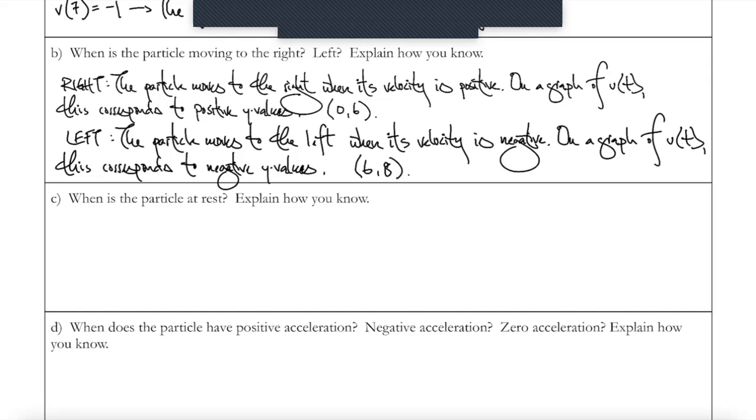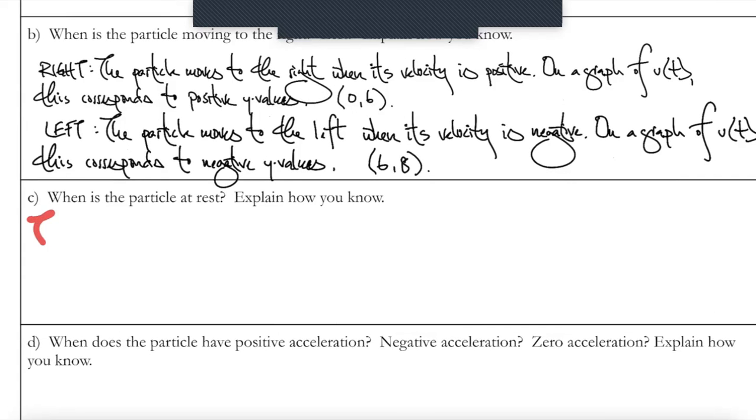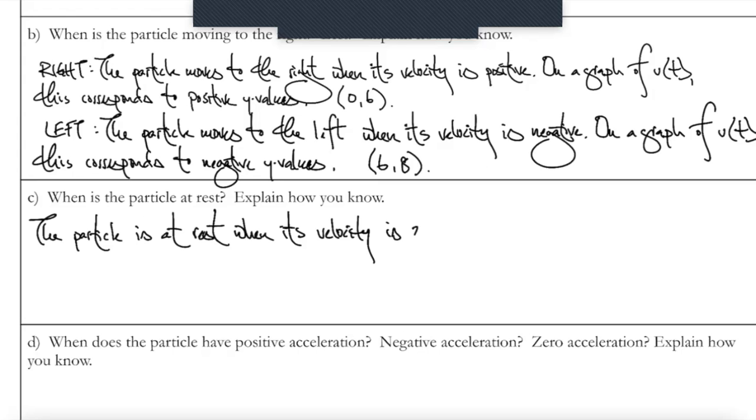All right, so we could say something maybe like this. The particle is at rest when its velocity is 0. Okay, so that is a great sentence that says, I know what I'm actually describing here, right? Yes, perfect.